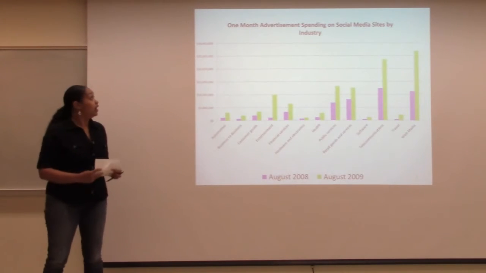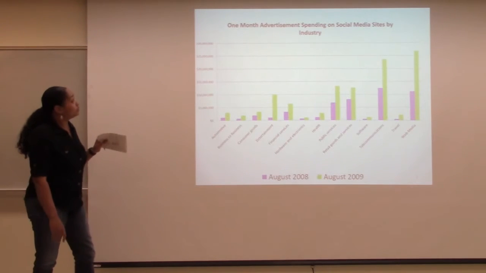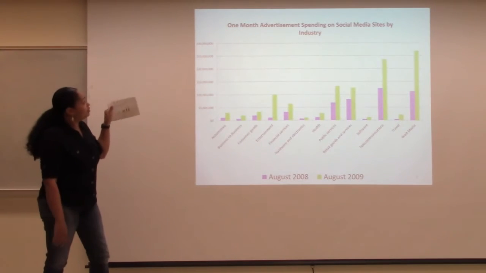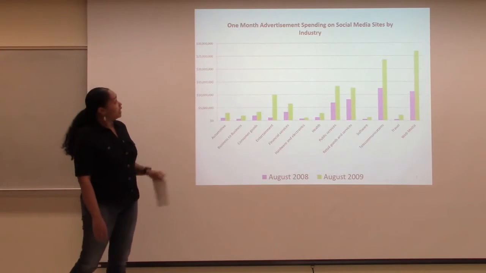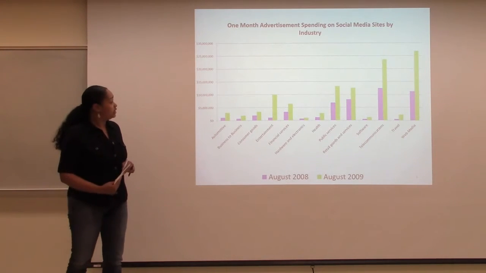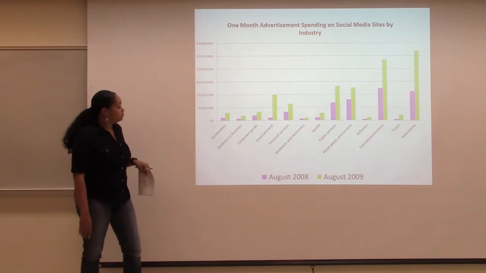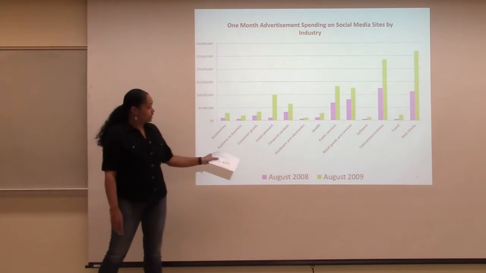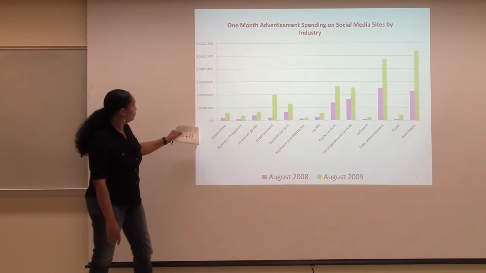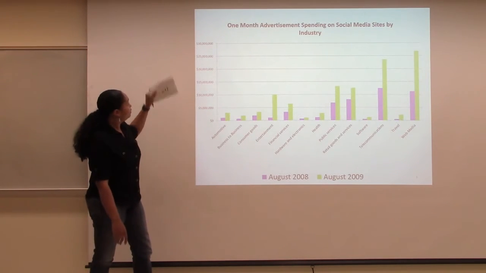Hello, everyone. Tonight I'm going to present the graph of 1 month advertisement spending on social media sites by industry. These are the 13 industries spending from 0 to 30 million.